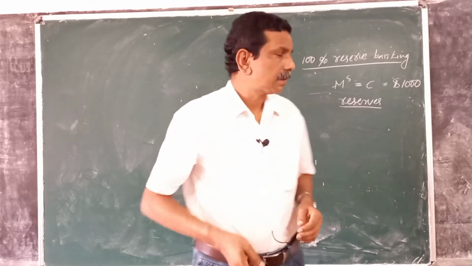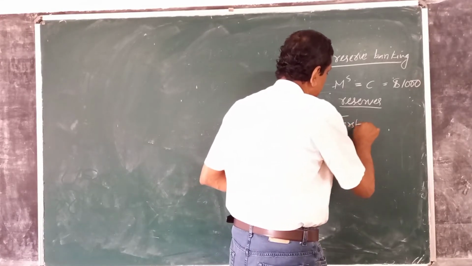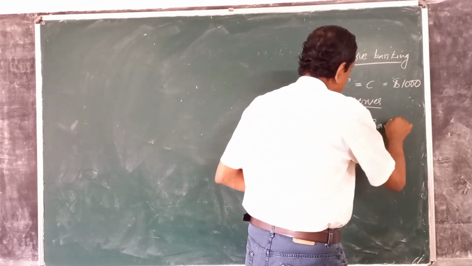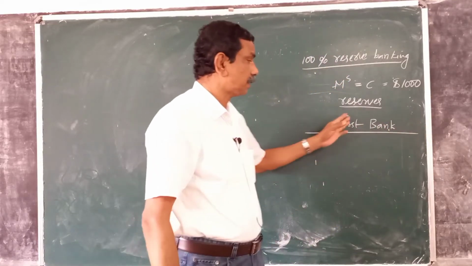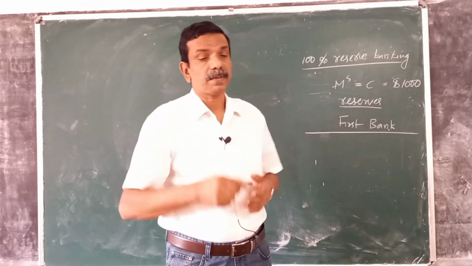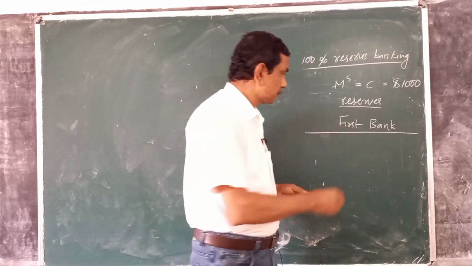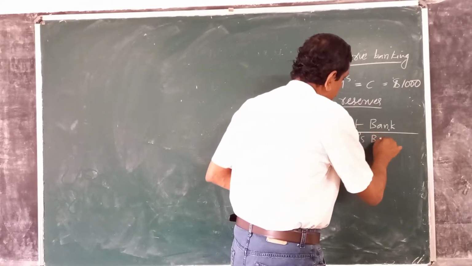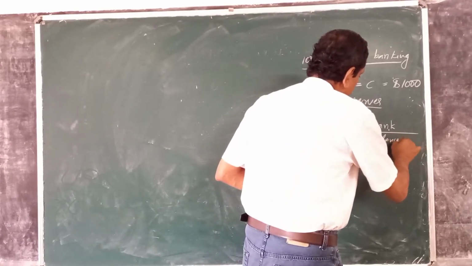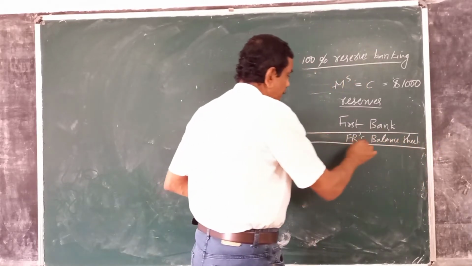Now we assume that the households deposit this $1,000 with the first bank. Then the first bank's balance sheet can be written like this.